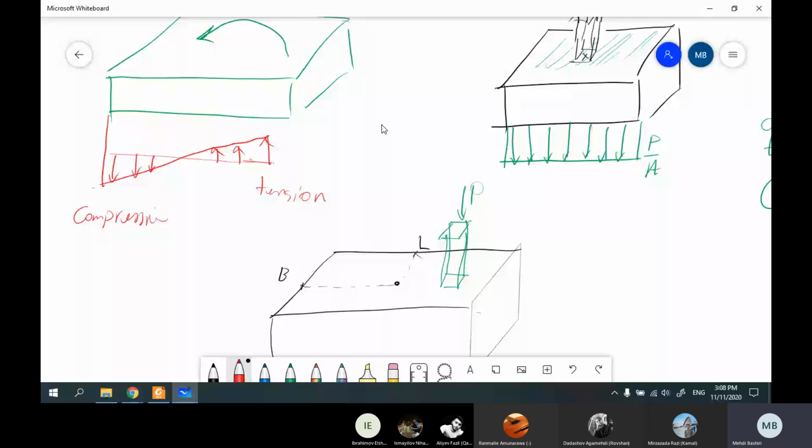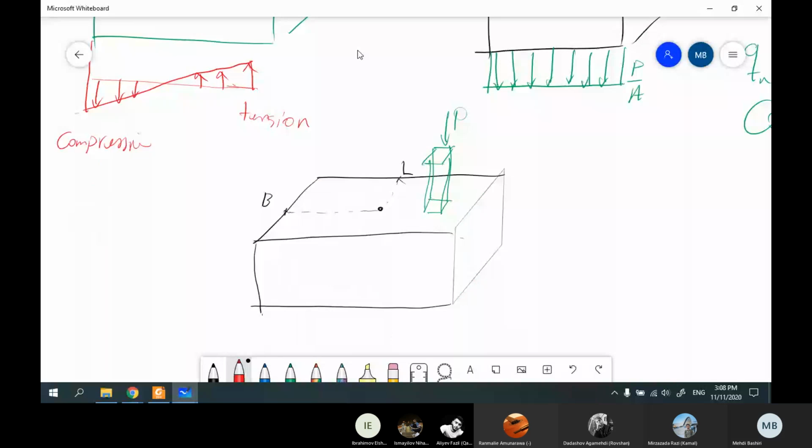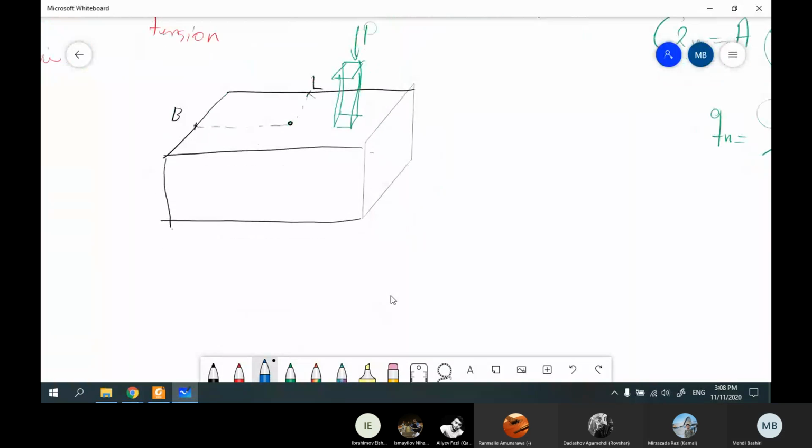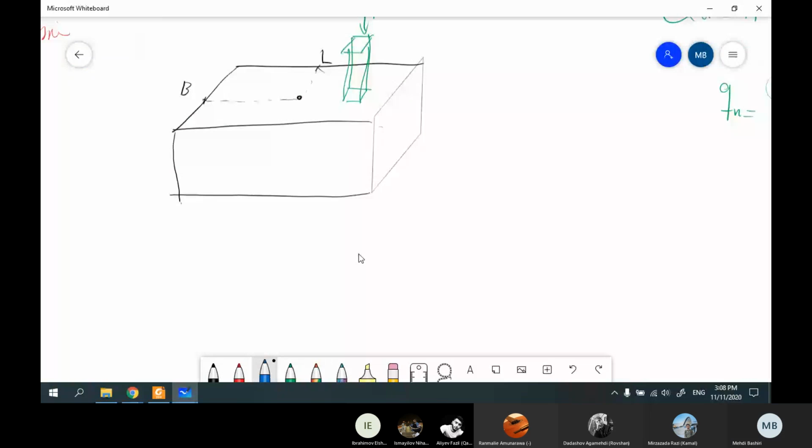Okay, so what's gonna happen? Let's get back to this case. If I want to find the distribution for this case, I already know that the distribution is like this. So you can see that it's not uniform.